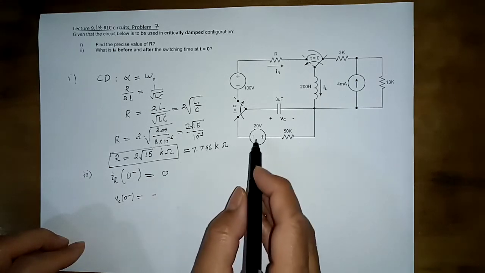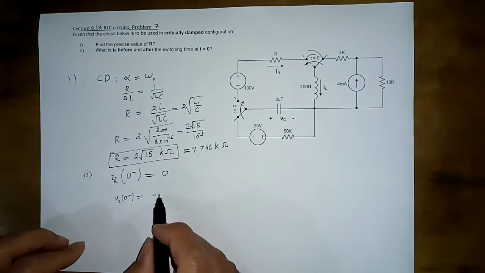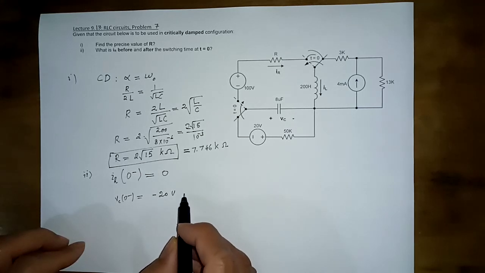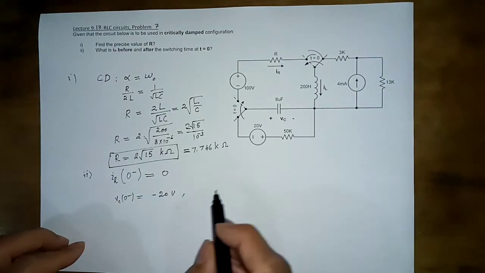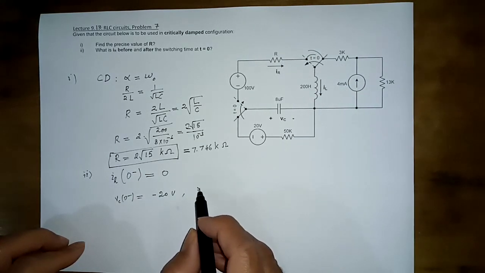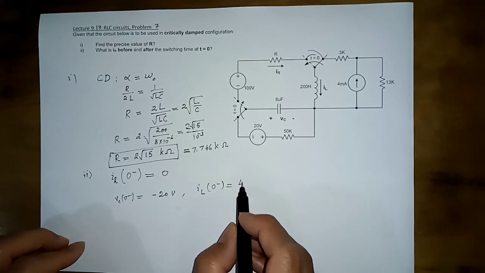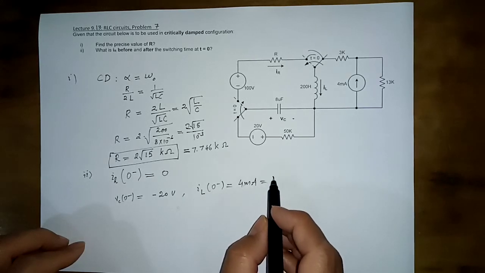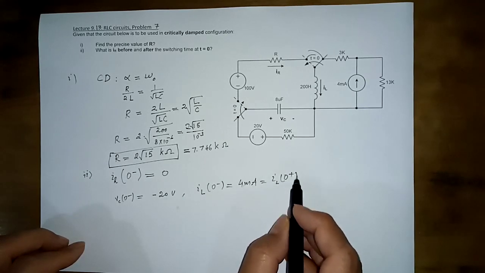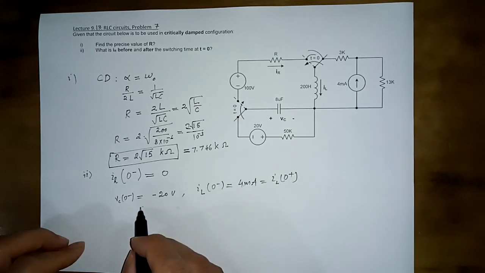minus 20 volts, if you look at the polarities, and this inductor has a current of 4 milliampere flowing through it, which will stay there after switching as well.